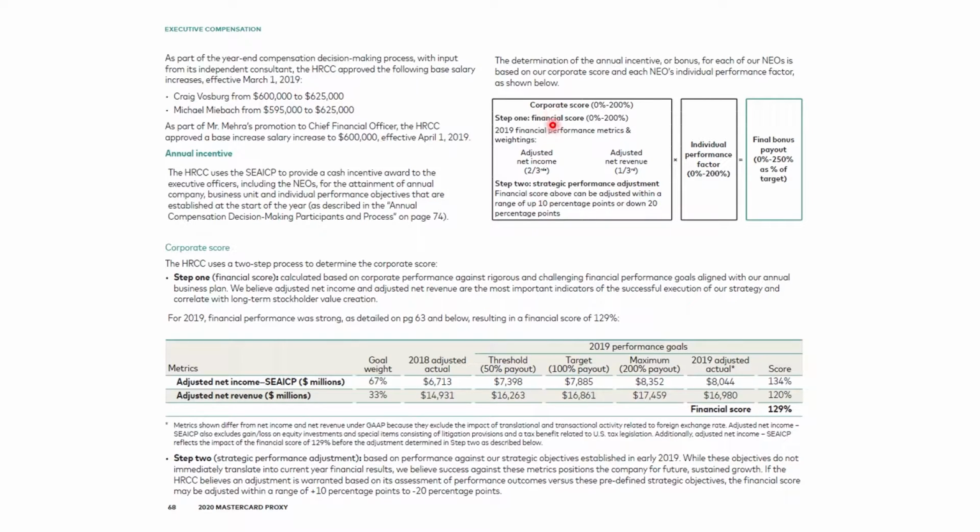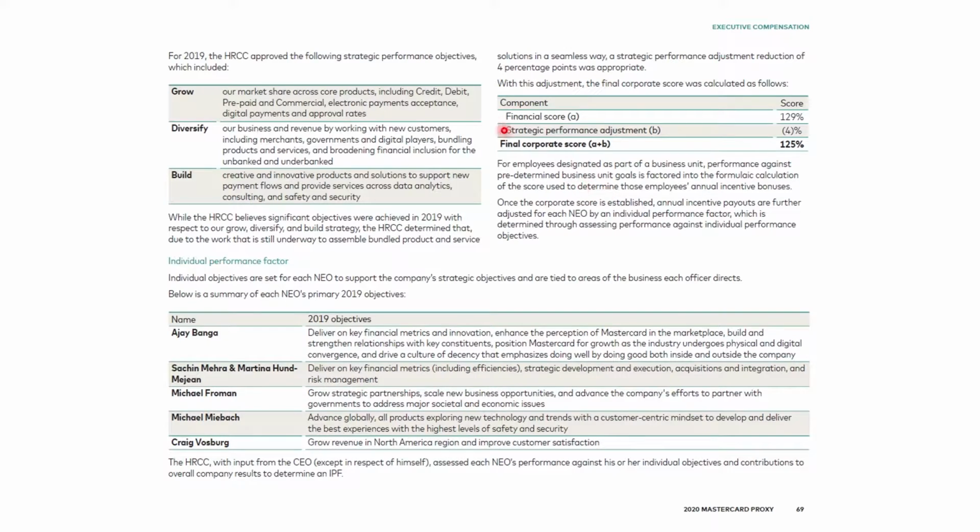And they calculate this based on this table, which has thresholds, targets, and maximums, and for each they have some percentages and goals, etc. And they finally get a score of 129. And then step 2, the strategic performance adjustment, is also based on these metrics, and when they calculate that, they finally get 125%.